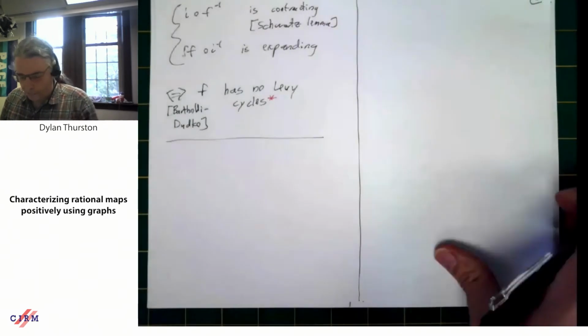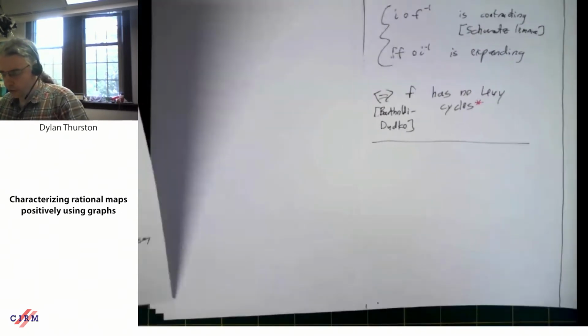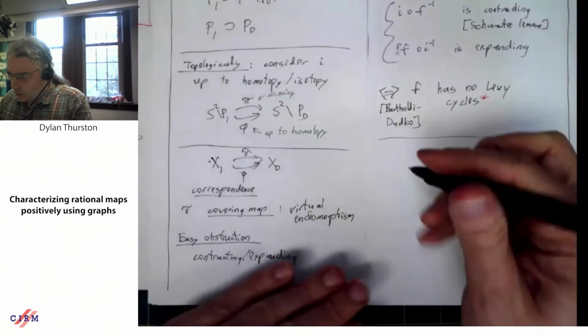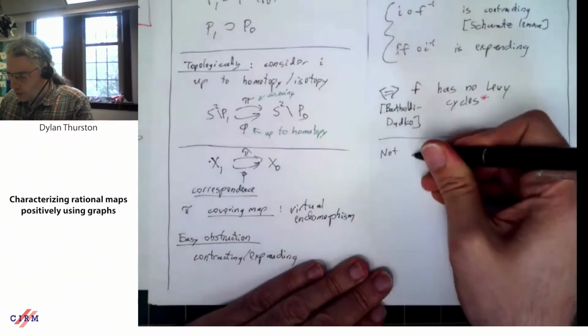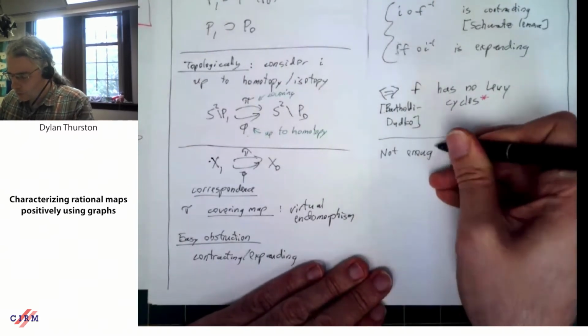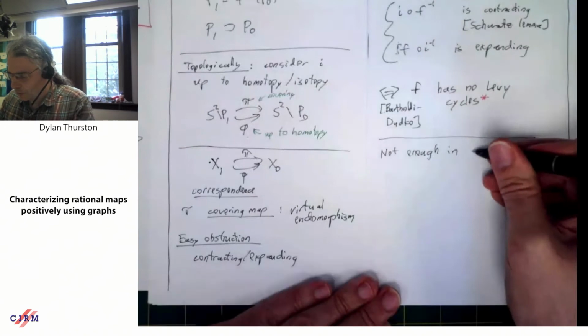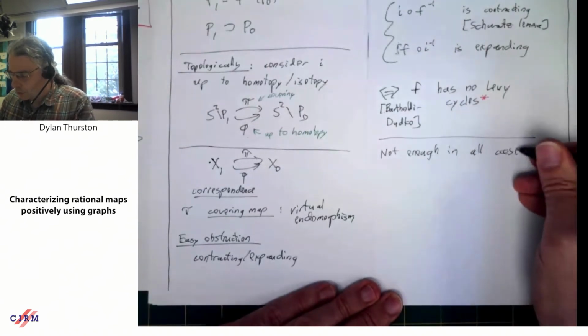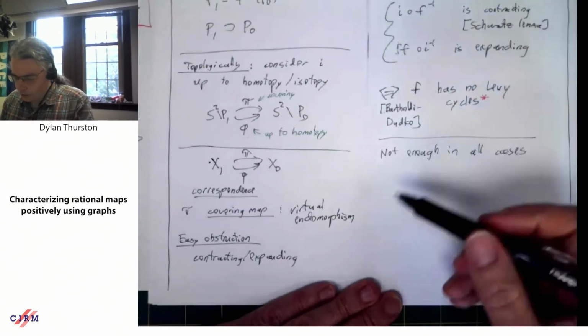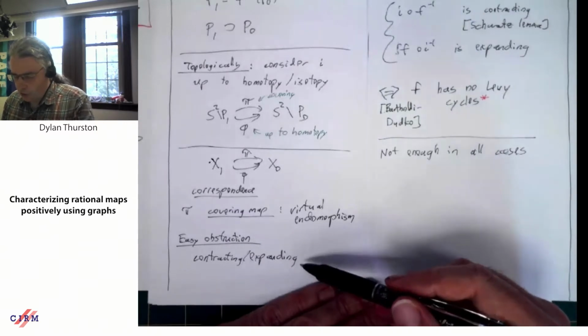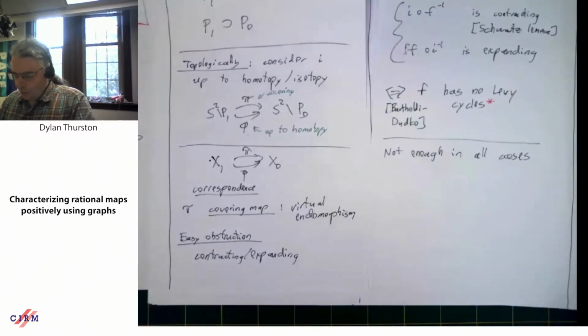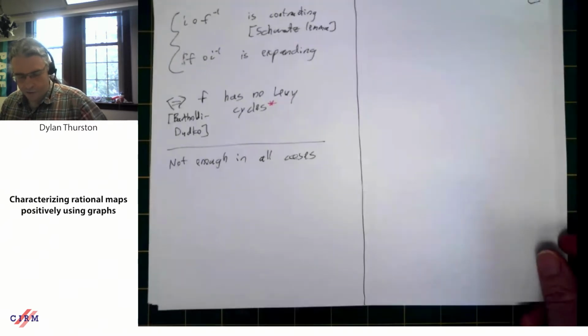So this is an easy obstruction to being a rational map, but on the other hand, it's not enough in all cases. It is enough in many cases for polynomials or for degree 2 maps, this was the contents of Sylvain Levy's thesis, but it's not enough in general.